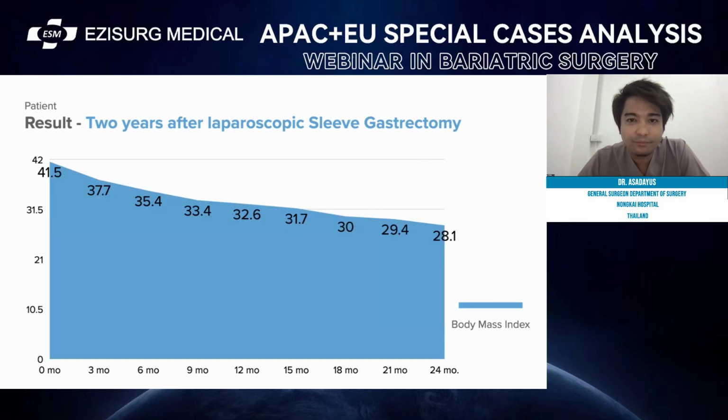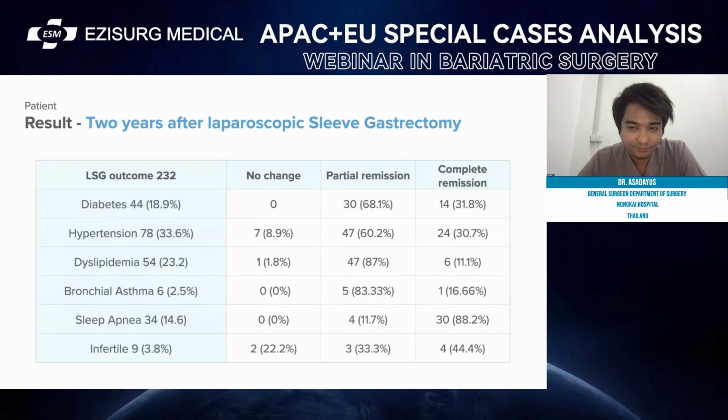And this shows the BMI after surgery. The initial BMI is 41.5, and the mean BMI decreases every 3 months and reaches a plateau about 2 years after surgery.